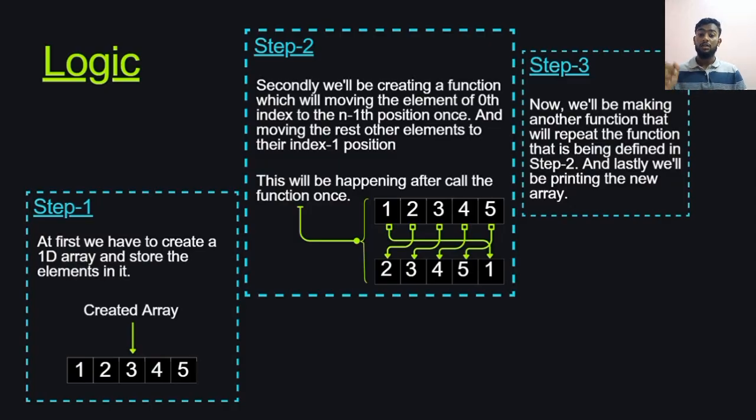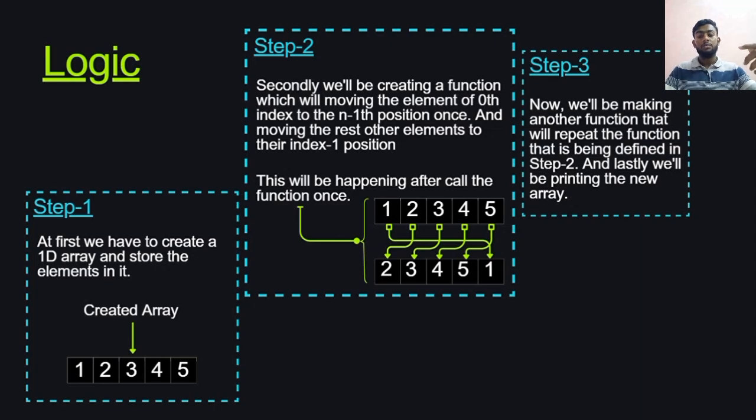And as you know, my topic is about k number of times, or k elements. So for that purpose, in step 3 I have written that I am going to make another function that will repeat the function defined in step 2.